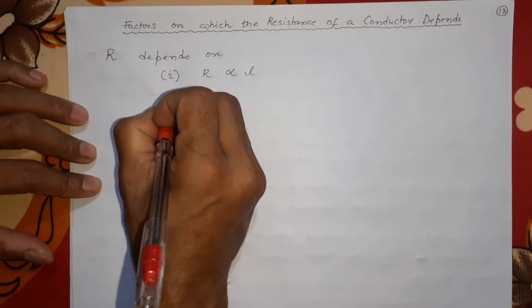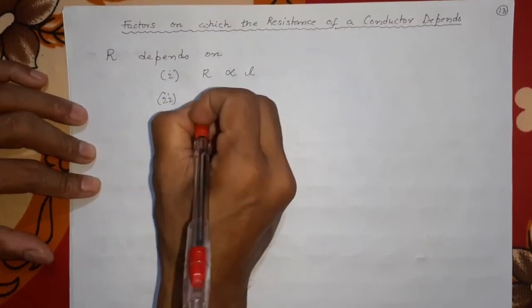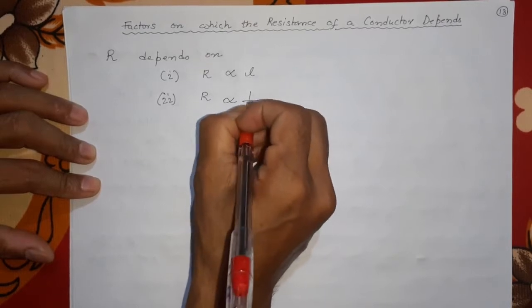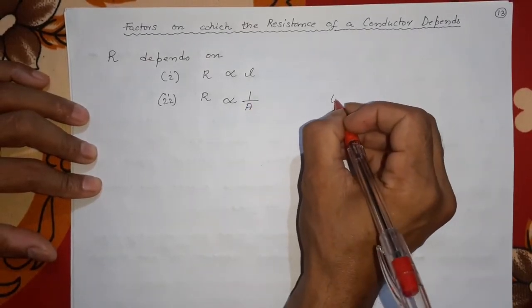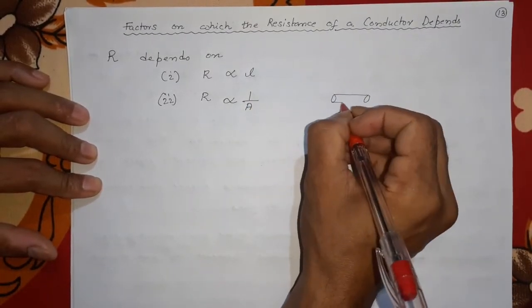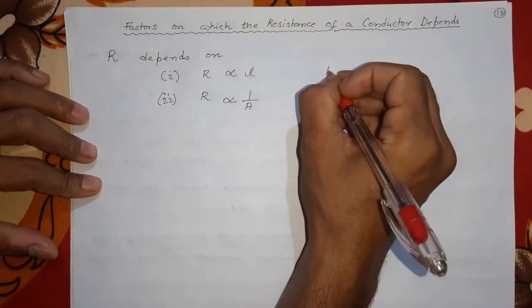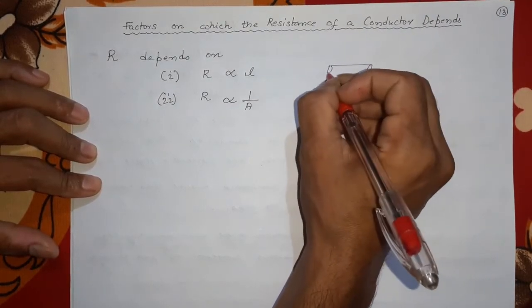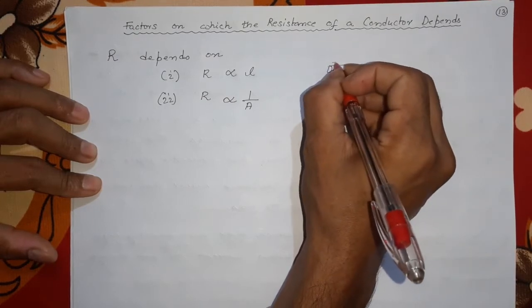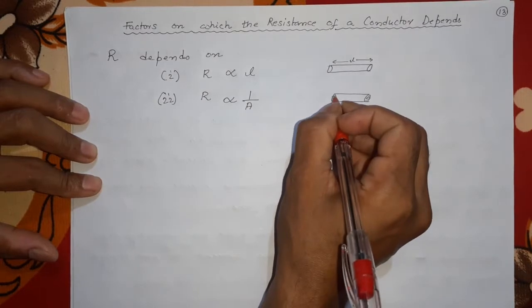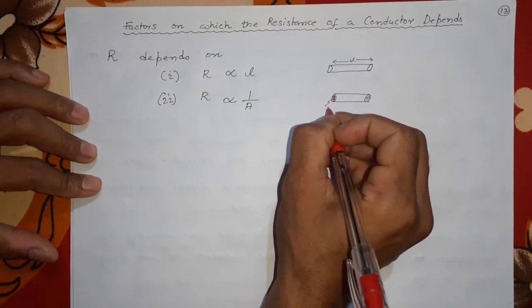Number two, R will also depend on the area of cross section. Suppose this is the wire, I am magnifying the wire. This is the length, and this is the area of cross section, the circular area.